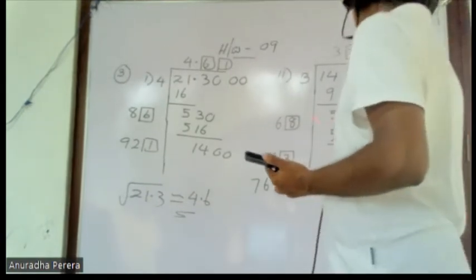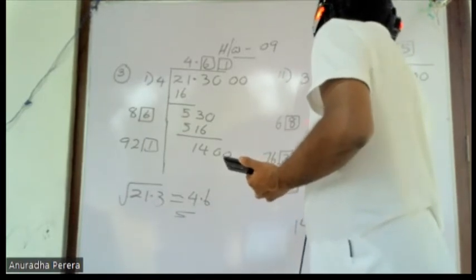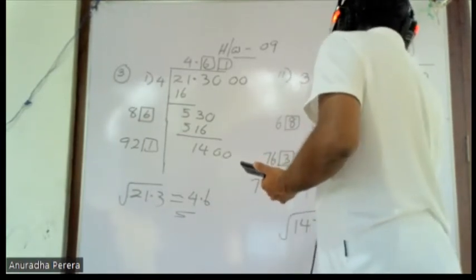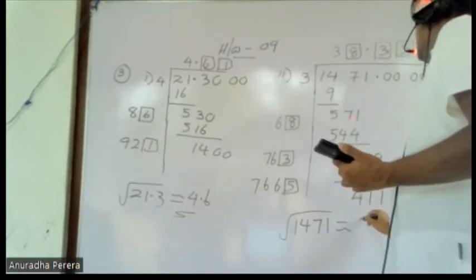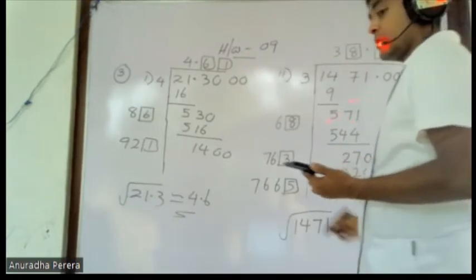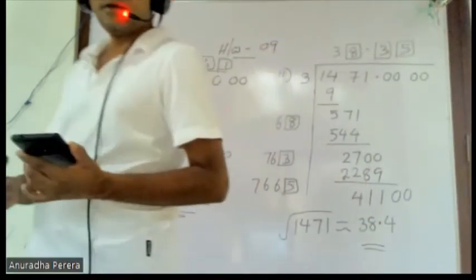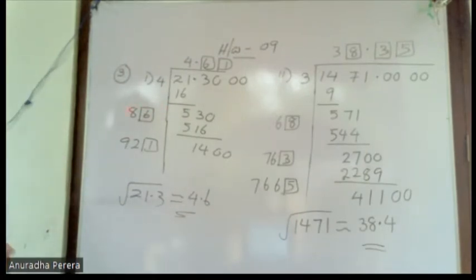We can round off to the first decimal place. According to the second decimal place, we can round it off. This one is 5, add 1. The answer is 38.4. Yes. The answer is 38.4.